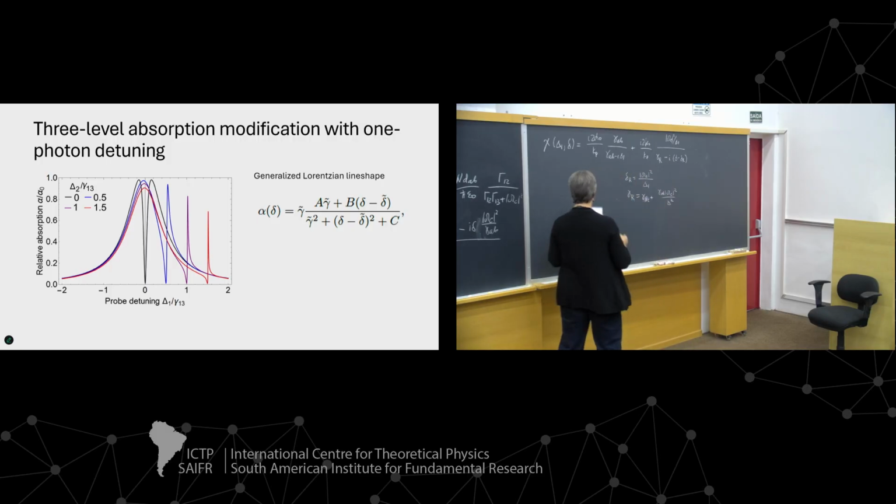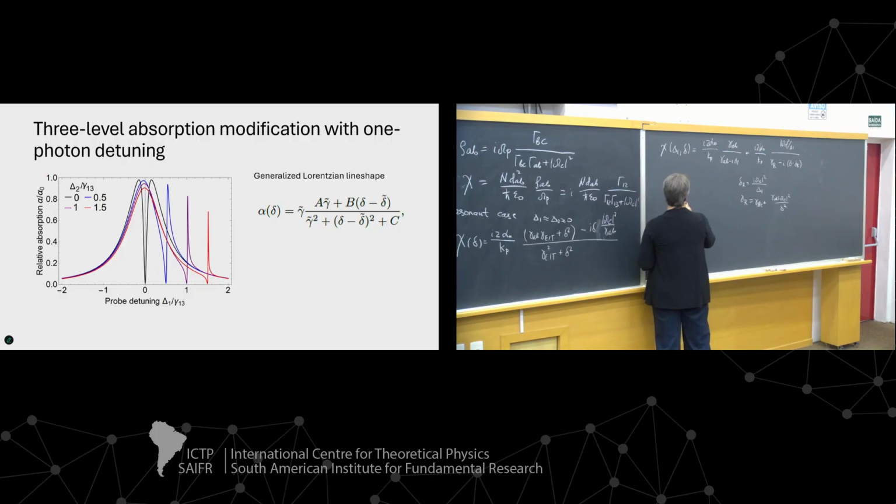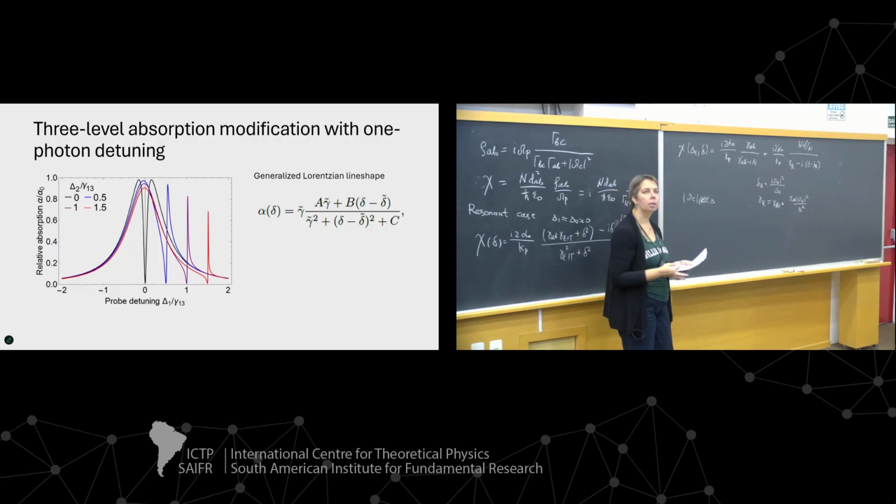And this approximation is valid if omega c is much smaller than delta. Okay? So we assume that we're far enough from the resonance.